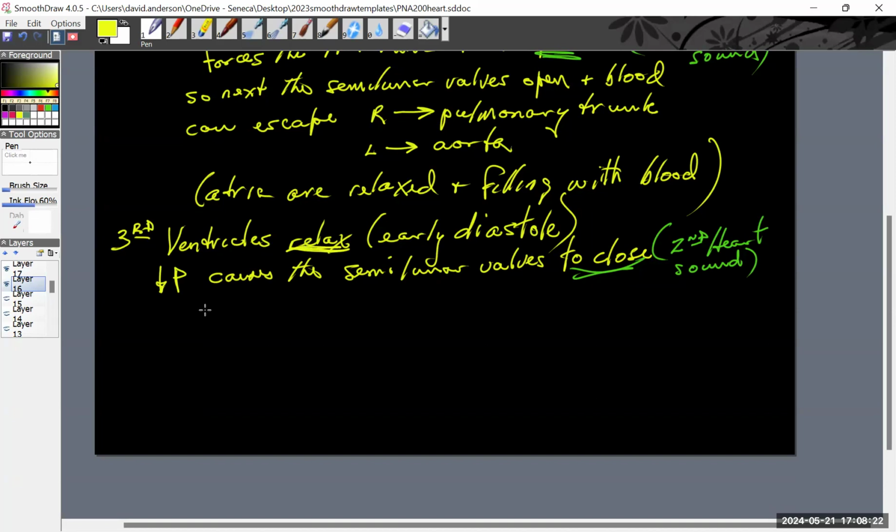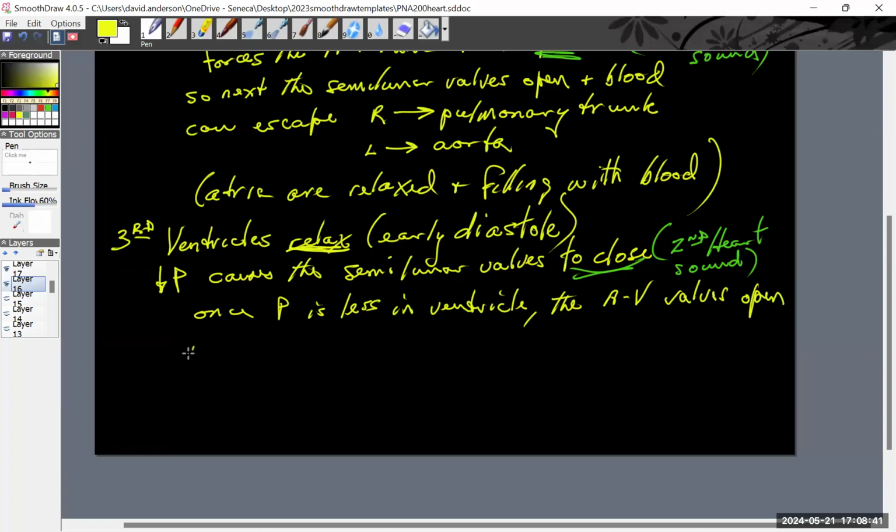And once the pressure is less in the ventricle, the AV valves open and blood flows into the ventricle because it's been collected by the atria all through this time.